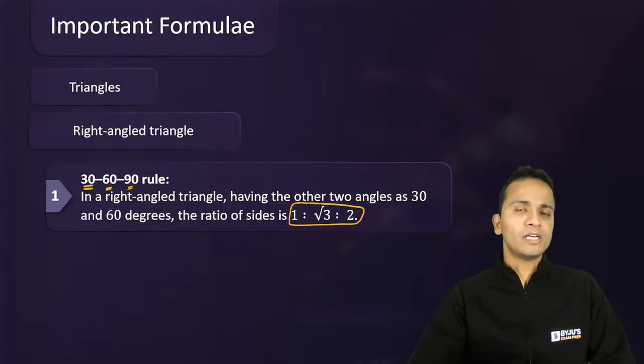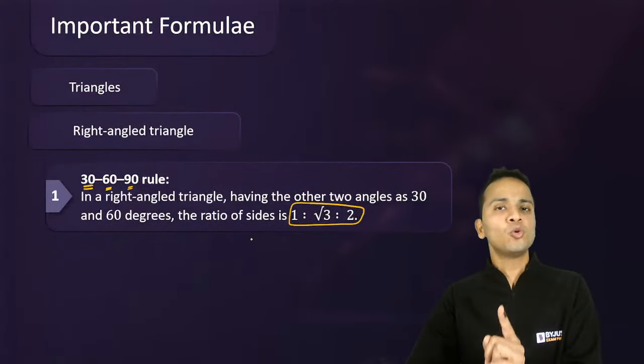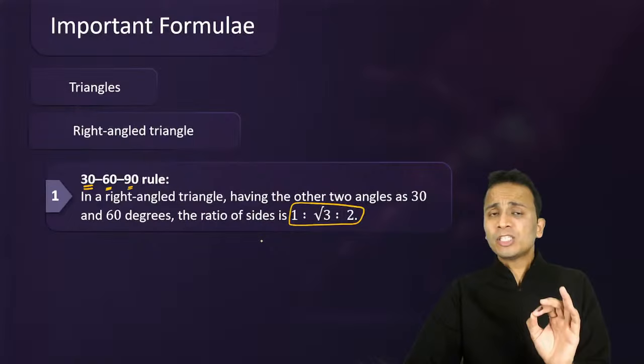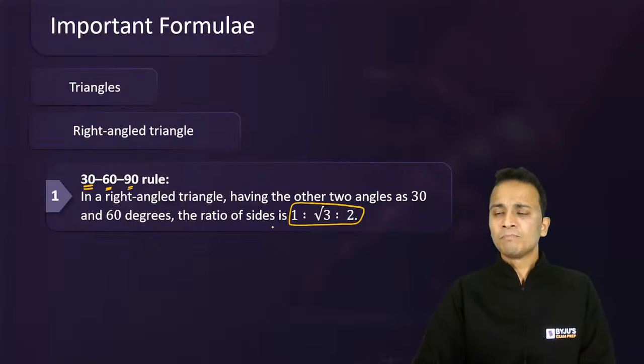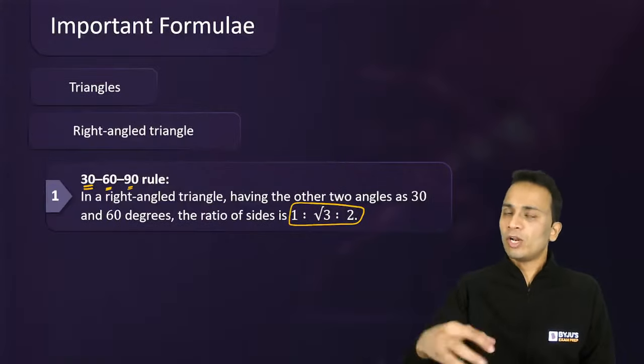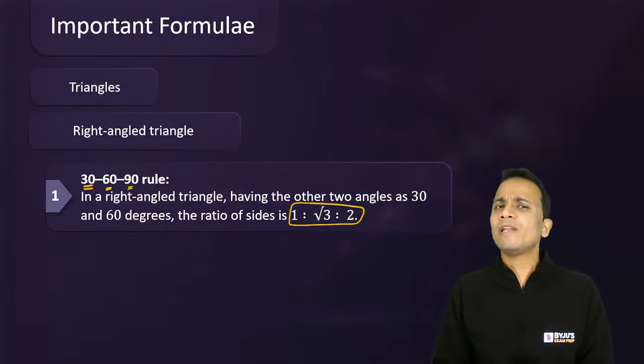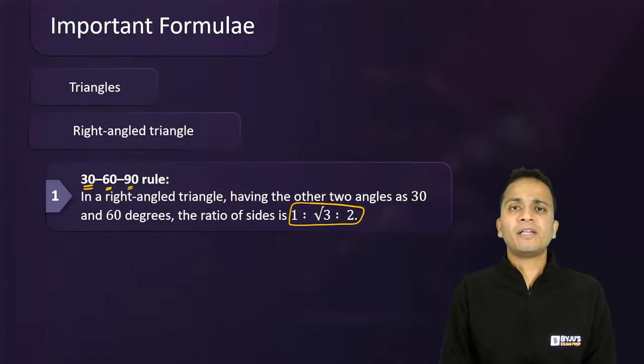So the respective ratio of the sides opposite to 30, 60 and 90 degrees will always be 1 : root 3 : 2. You must remember this result, as it can save plenty of your time. If one of the sides is given, you can easily calculate the other two sides. Otherwise, you will have to use trigonometry in case you don't remember this relation.